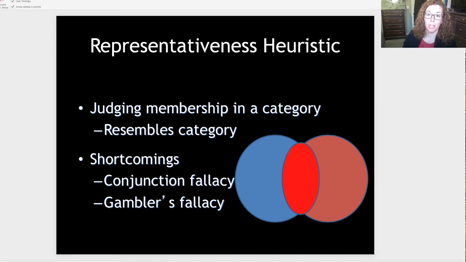Now, we know mathematically that every single time you flip a coin, unless it's a weighted coin or something crazy like that, there's a 50-50 chance of it being one or the other. The probability does not change based on what came before it or what comes after it. We know the probability is consistent. It stays the same.